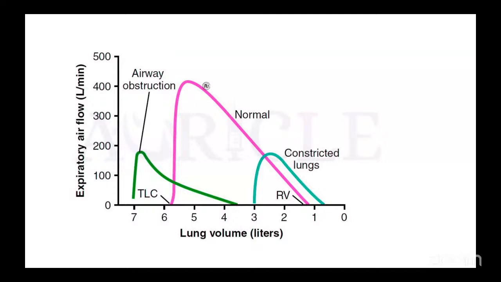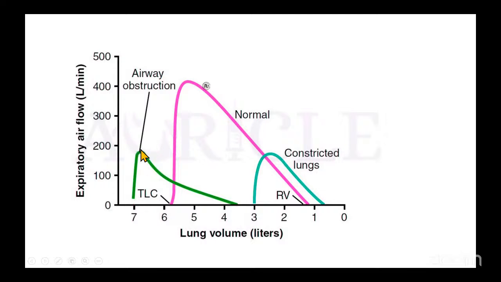Apart from that, a pressure volume loop can also help you understand. Normally in a pressure volume loop during expiration, this is the peak expiration, and further on the rate slows. This is the flow rate. In airway obstruction, what will happen?